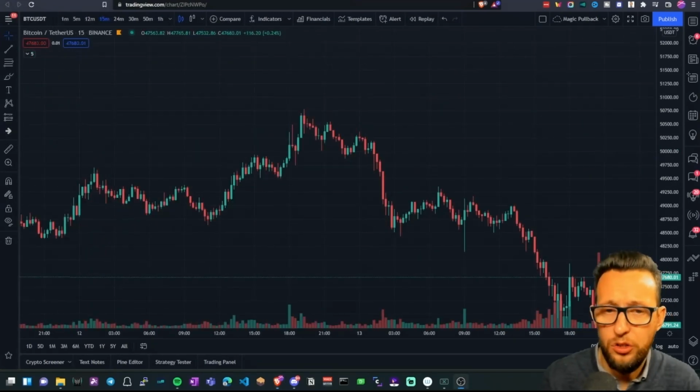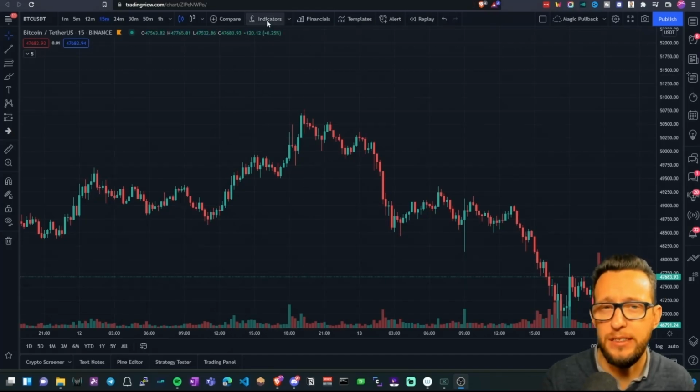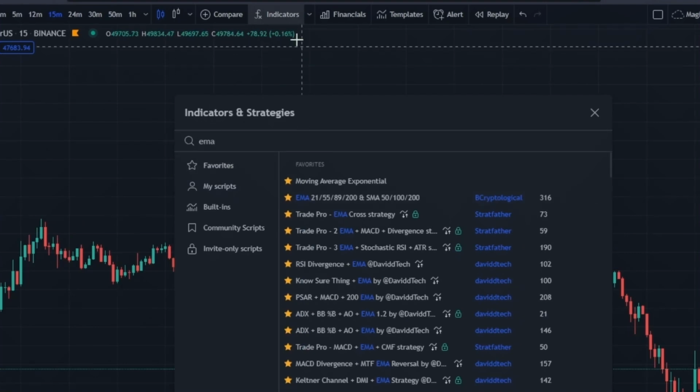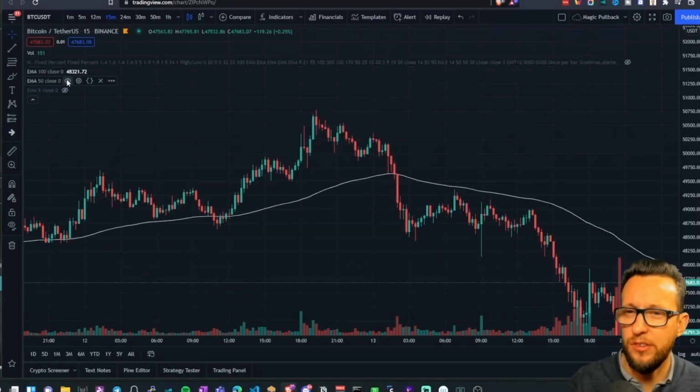Okay, here we are on TradingView, and today what we're going to be using is 3 indicators, which is the same indicator, the exponential moving average. So you click on this indicators icon up here, and you literally search for moving average exponential. You click that 3 times and that will add them to the chart just like this.